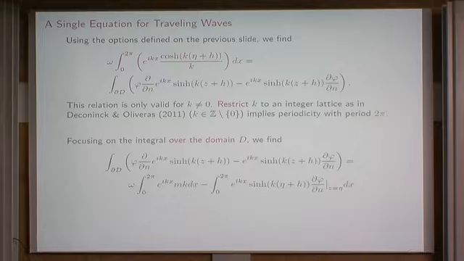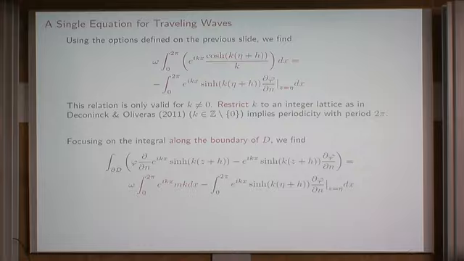I say extra, but this term can be evaluated, and because this equation is only valid for k not equal to 0, that integral is identically 0 since k is an integer. So that term drops out, and now we replace the integral up top, and we have this single equation here. Okay, one way to look at this is a Dirichlet-Neumann type map between boundary conditions. I have information about the normal derivative of var phi at the surface being related to these other quantities here.